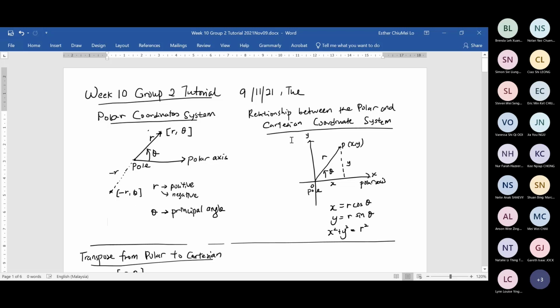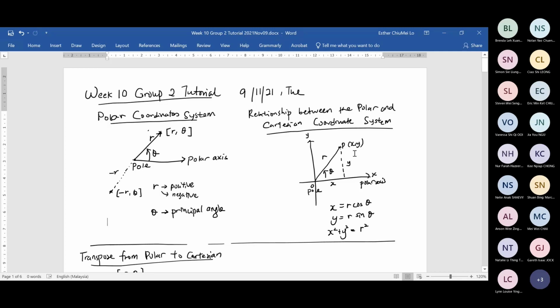Now we look at the relationship between the polar and Cartesian coordinate systems. If we put them together, your x-axis is in fact your polar axis, and the origin is the pole. So for the angle theta and r, point P is represented by coordinates x and y on the Cartesian plane.